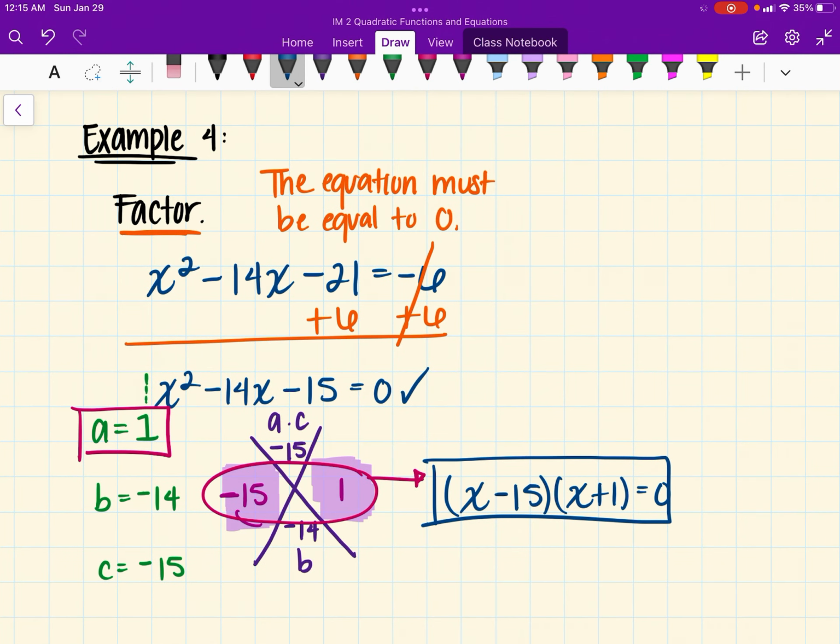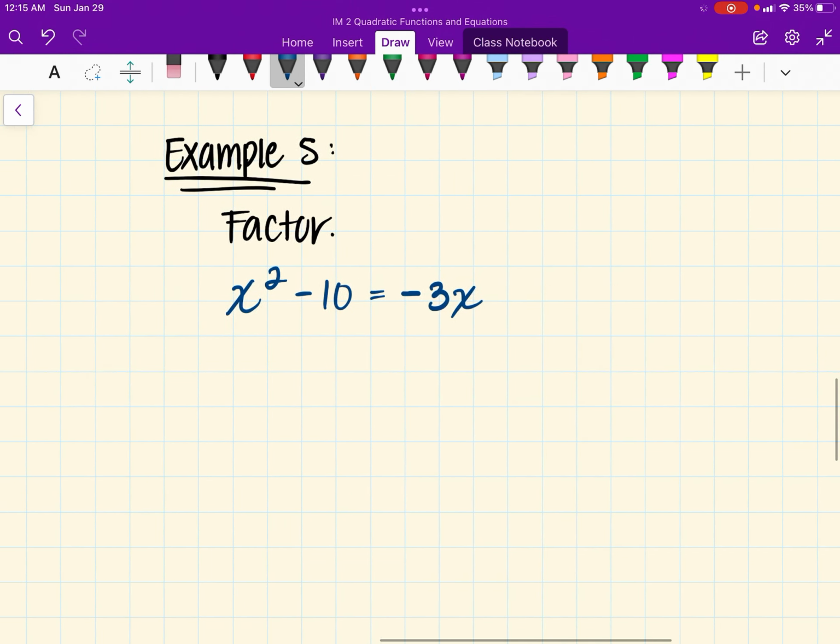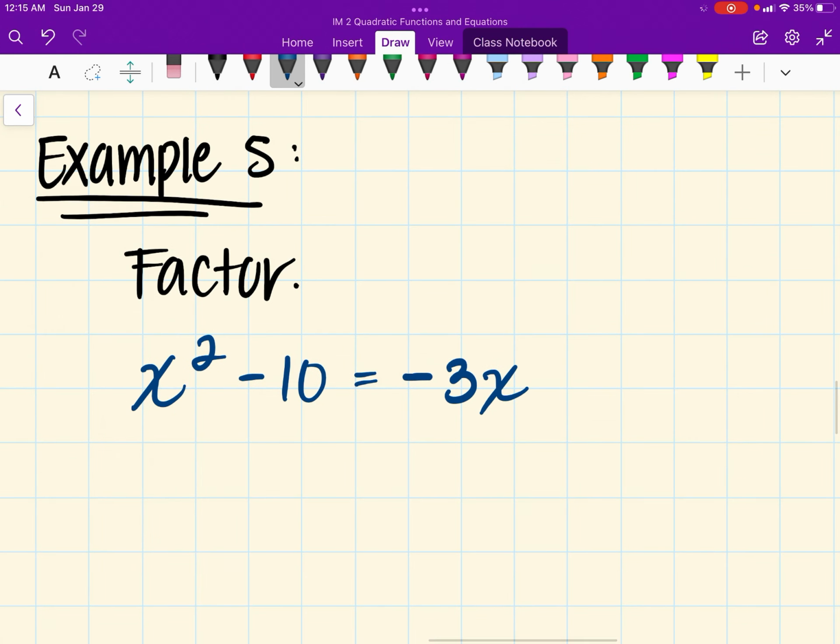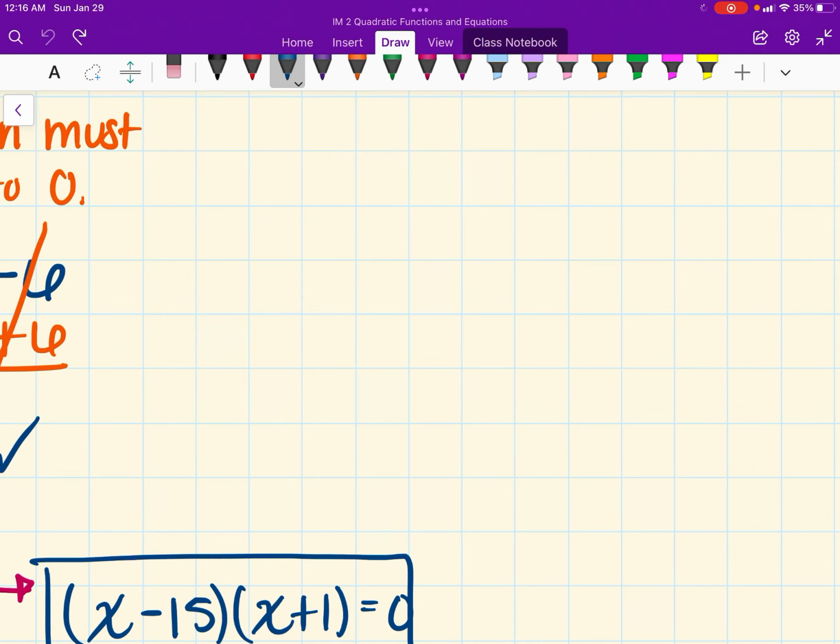All right, let's take a look at the next one. Same idea. Factor the expression. And we still have to use that same idea of if we need to factor out an expression, we do have to make it equal to 0. So whenever we're making it equal to 0, we could move all of this to the other side, or we could move that negative 3.